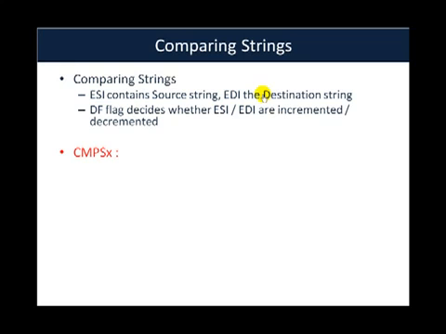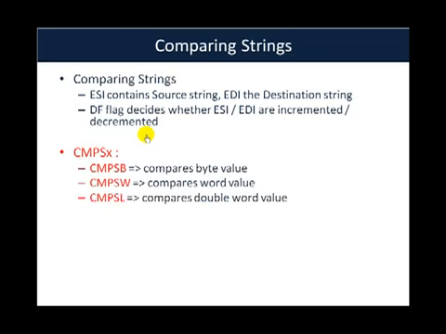At the very same time, like all string instructions, the DF flag is what will decide whether ESI and EDI are going to be incremented. So with ESI, EDI pointing to the source and destination strings, the CMPS series once again could have 3 variations when they are used to compare a single byte, a word, or a double word.